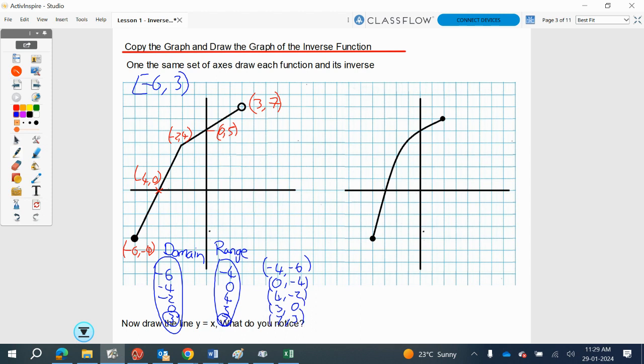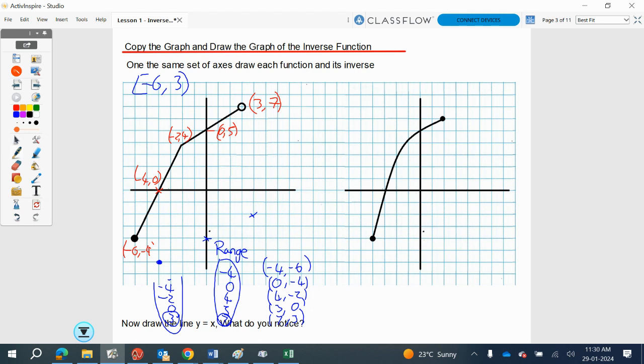So we need to have a point at minus 4, minus 6. So here it's going to start. It's going to go through 0, minus 4. So it's going to cross through here. It's going to go to 4, minus 2. So 1, 2, 3, 4, minus 2. It's going to go there.